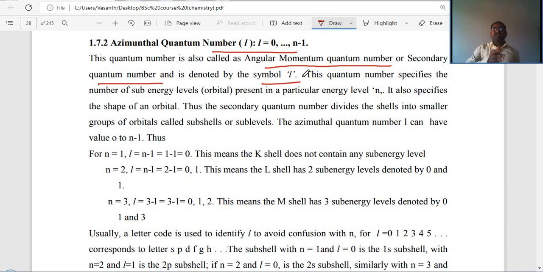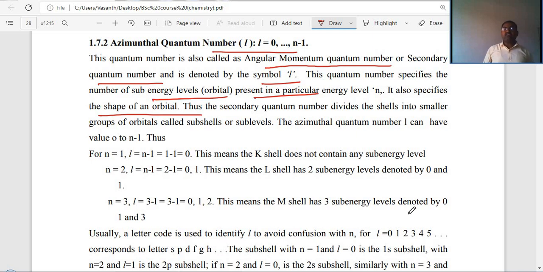This quantum number specifies the sub-energy level or sub-orbitals present in a particular energy level n. It also specifies the shape of an orbital.